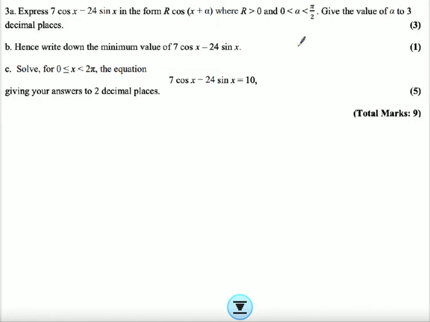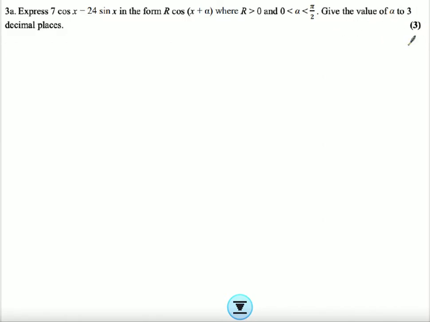Right. Okay, so here, trig. They like trig at the start of this one, don't they? Okay, so let's do this first part, shall we? So r cos x plus alpha is going to be equal to r cos x cos alpha subtract r sine x sine alpha, and we're going to equate the coefficients here.